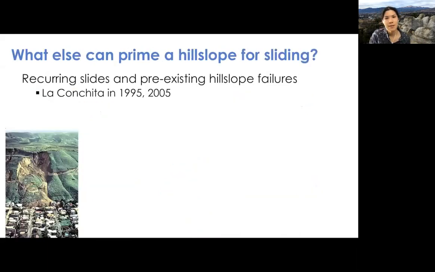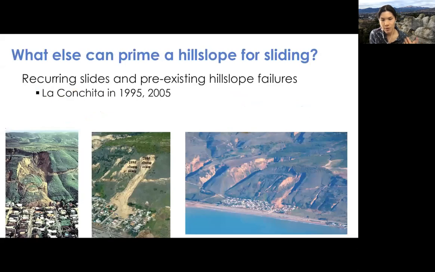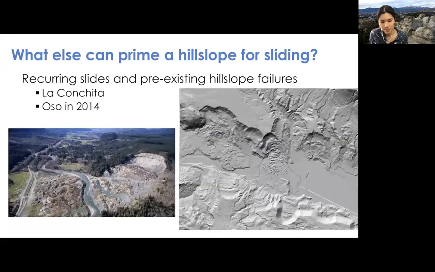However, there are a few other things that can prime a hill slope for sliding. So one thing that we already talked about with rotational slides are whether or not the slides are on a pre-existing hill slope failure. That could cause them to recur. So we showed this example earlier of La Conchita failing in 1995 and 2005 with a much older failure behind it.